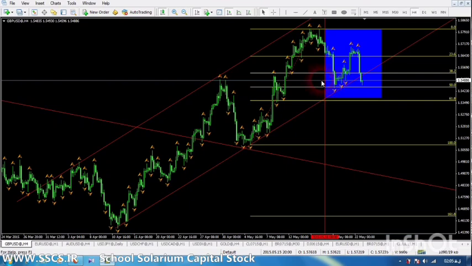So a very, very important point here is that probably a lot of you don't know about, and unfortunately it is not pointed out by a lot of traders and analyzers, that causes big mistakes, is that we expect two things from Fibonacci.